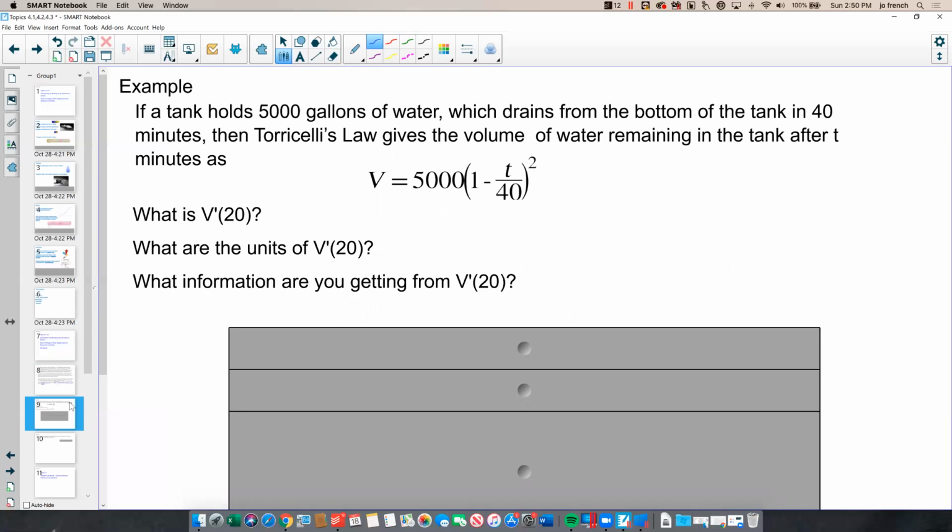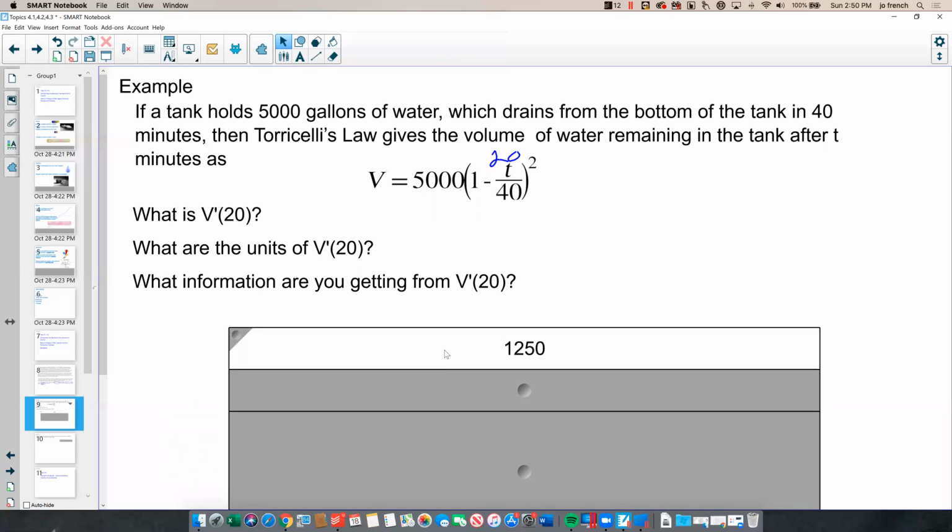Well, to find V prime of 20, we would just plug 20 in for t. 20 over 40 is 1/2. And 1 minus 1/2 is 1/2. And 1/2 squared is 1/4. 1/4 of 5,000 is going to be 1,250.